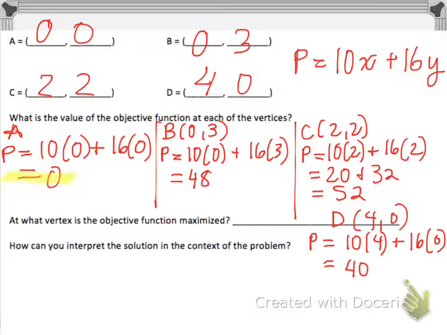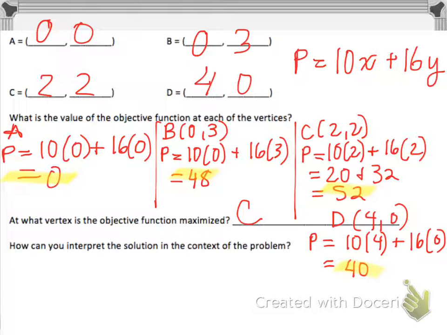So now, if we take a look at our 4 different values for the profit function, it becomes clear that at vertex C, I have the maximum profit. So the point that's going to give us the maximum profit is point C. Now, what does this mean in the context of the problem?